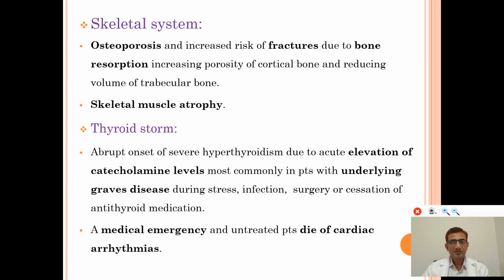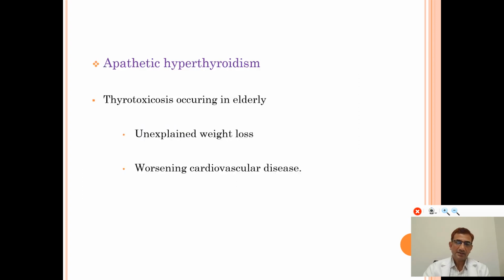Thyroid storm is an abrupt onset of severe hyperthyroidism due to acute elevation of catecholamine levels, most commonly in patients with underlying Graves' disease during stress, infections, surgery, or cessation of antithyroid medications. It is a medical emergency, and untreated patients die of cardiac arrhythmias.